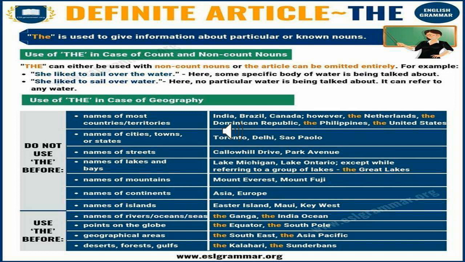We are not supposed to use "the" before their names. But before names of rivers, points on the globe, geographical areas, forests, gulfs, deserts, we can use "the".